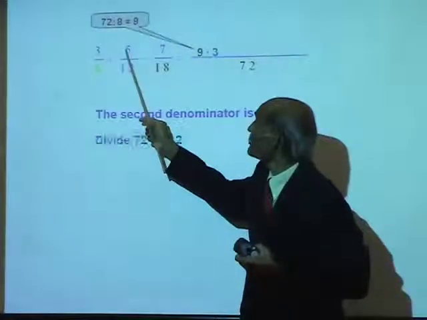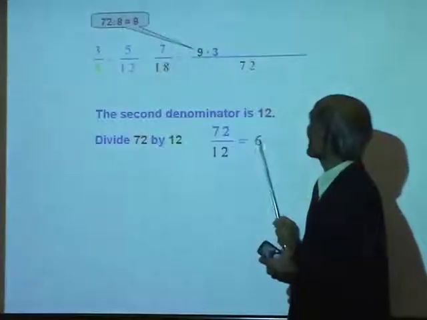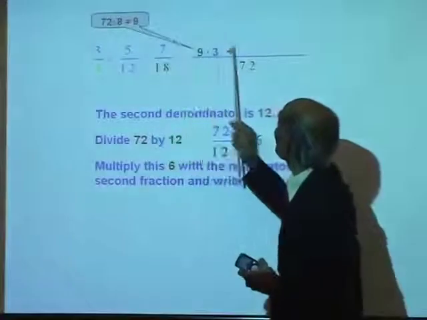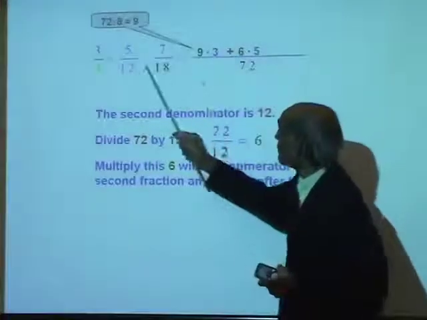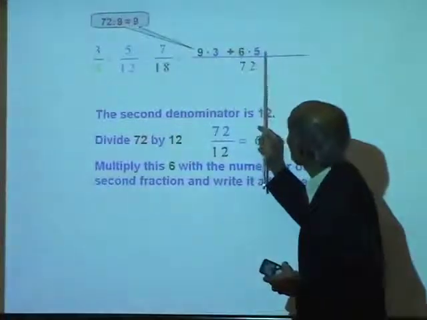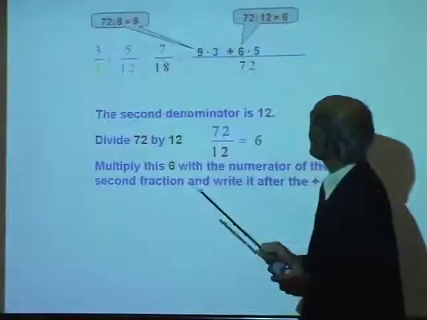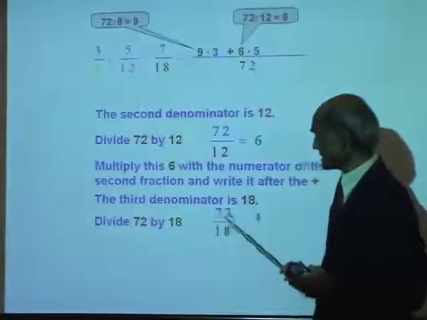Multiply that 6 with the 5. See? 72 divided by 12 is 6. And multiply that 6 with the 5 and write it there. Alright, next is a minus sign. So the sign coming there will be a minus sign. What is 72 divided by 18?